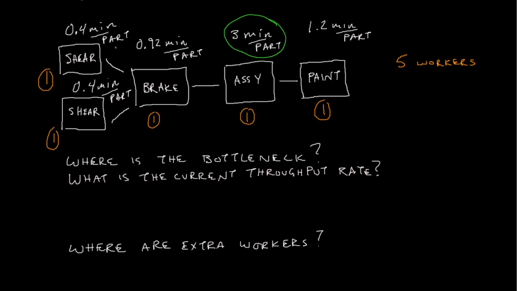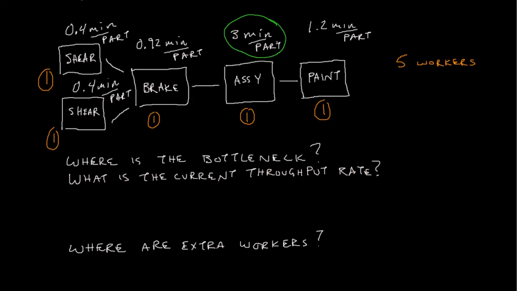But what you may see is a lot of parts beginning to stack up in front of the assemblers, and a lot of inventory between the shear and the brake. That is the indicator that you have a bottleneck.